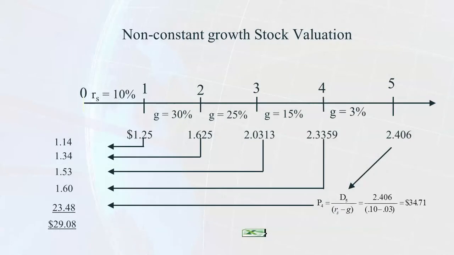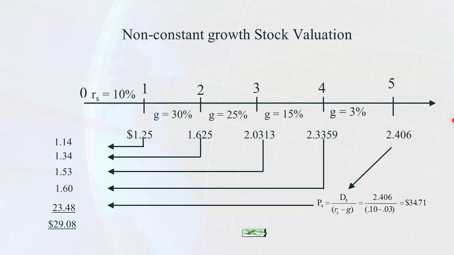Okay, so here your dividend 1 is 1.25, and 1.25 grew by 30%, which is 1.625, and your second dividend grew at a 25% rate, which gives you $2.03, and after year 3 it grew 15%, so that gave you the fourth year dividend, and after year 4 it's gonna grow 3% constant forever.